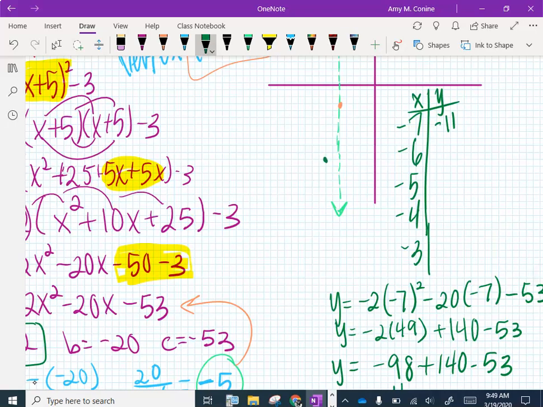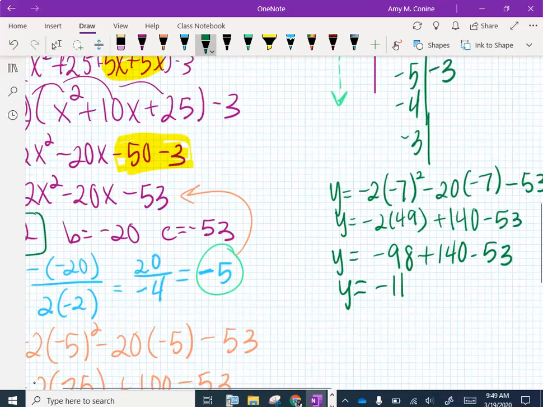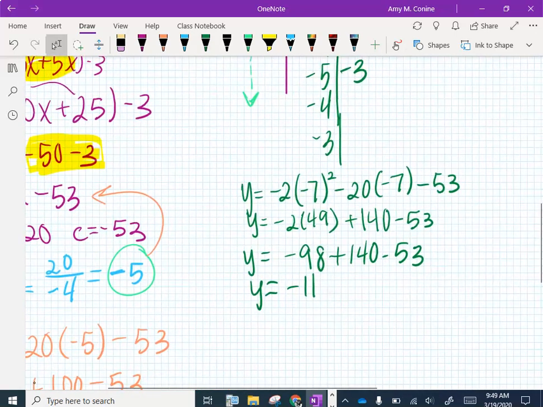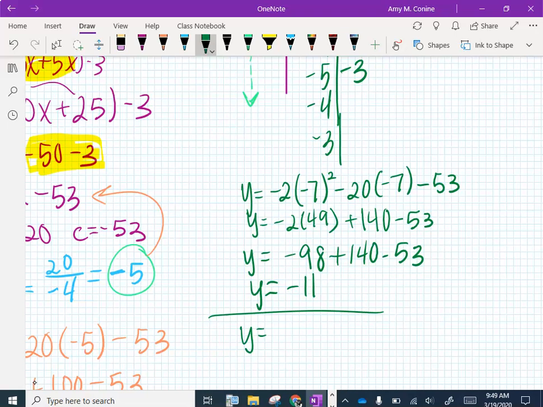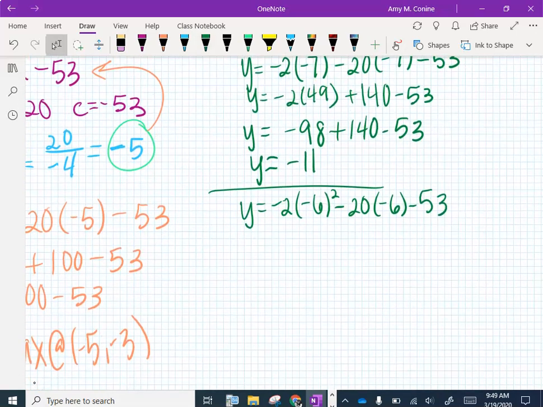We know negative 5 is at negative 3. So let's find negative 6. Again, same thing: plug in your number, do the algebra. So negative 2 times negative 6 squared, minus 20 times negative 6, minus 53. This is a really long video.